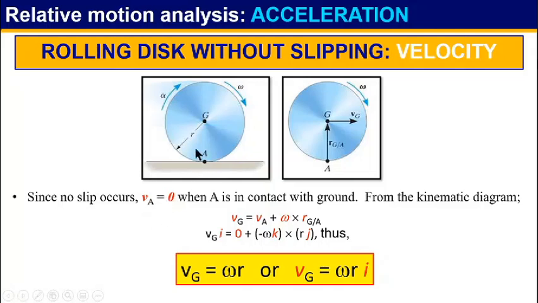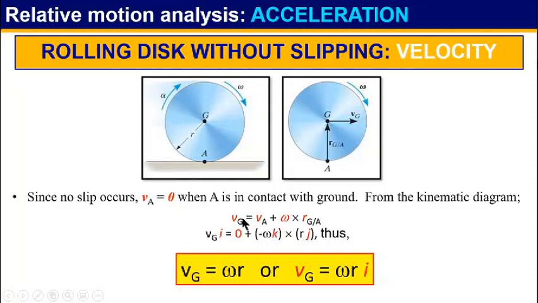That is why VA equal to 0. From the kinematic diagram, VG equal to VA plus omega times RGA. So what is this equation? This is the relative velocity equation that we learned in the chapter 3 part 2 video.